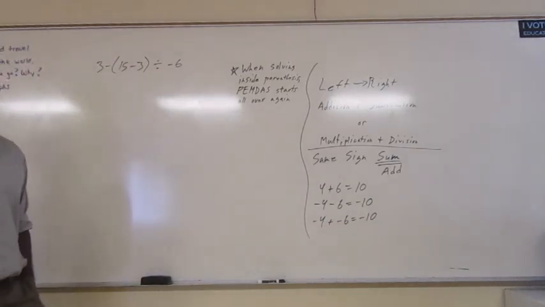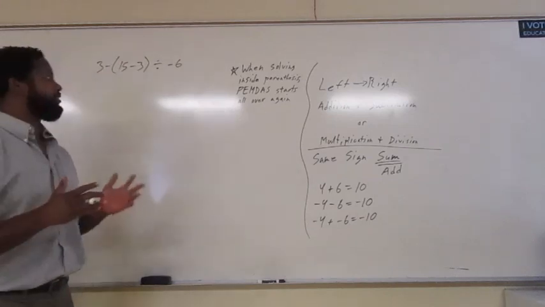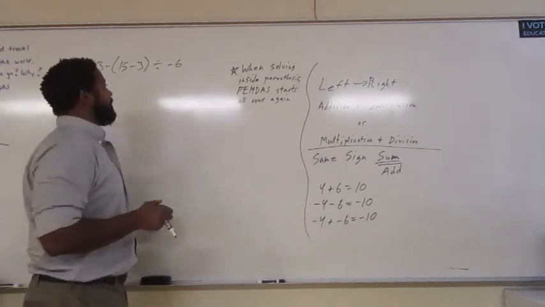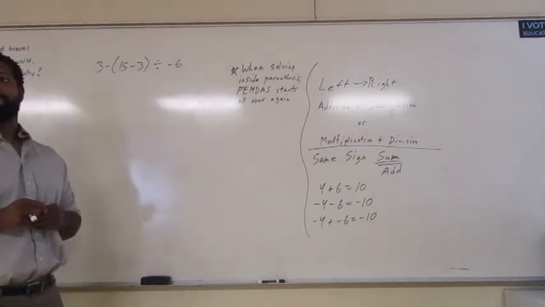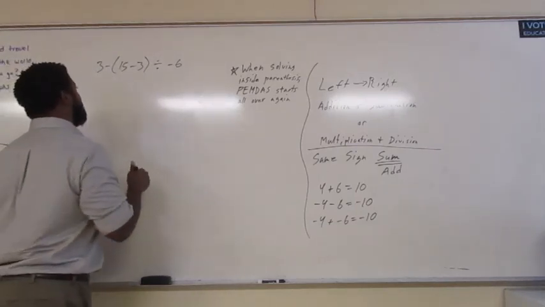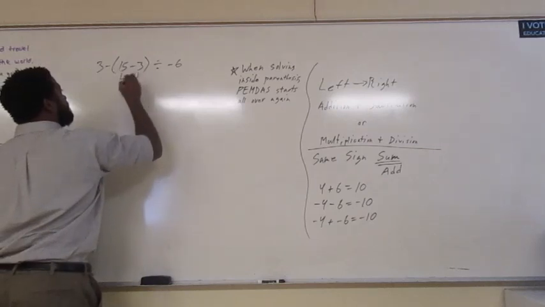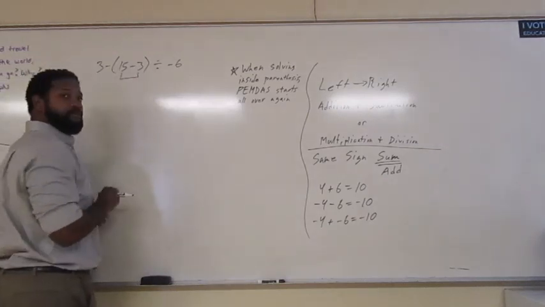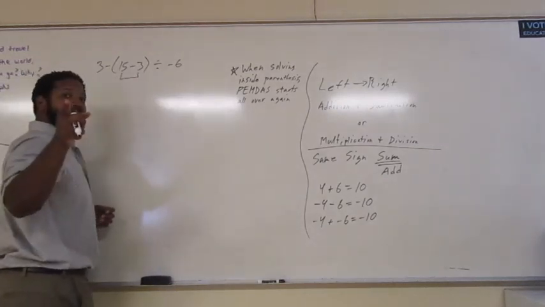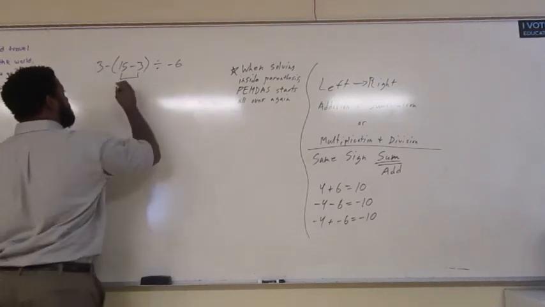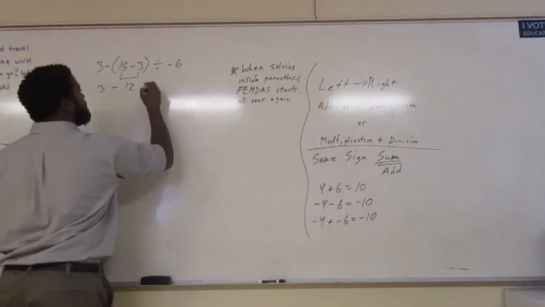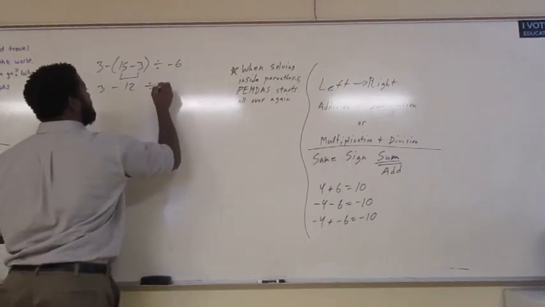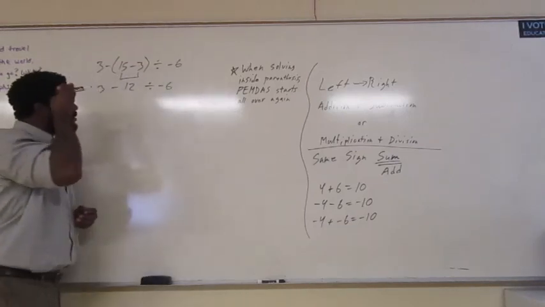This is when actual PEMDAS, full-fledged PEMDAS comes into play. Let's check it out. Do we see any parentheses? Yes. So let's solve for what's in the parentheses. Should be 12. Good job. Bring that stuff down. 3 minus 12 divided by negative 6.